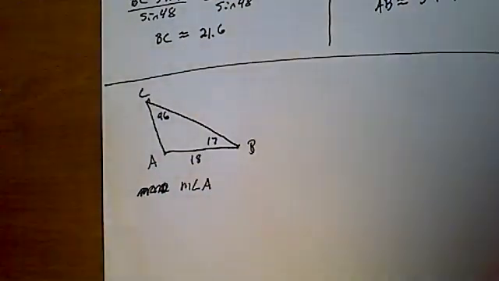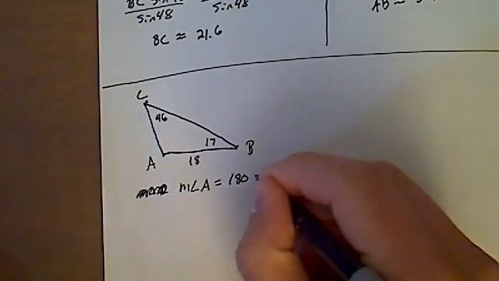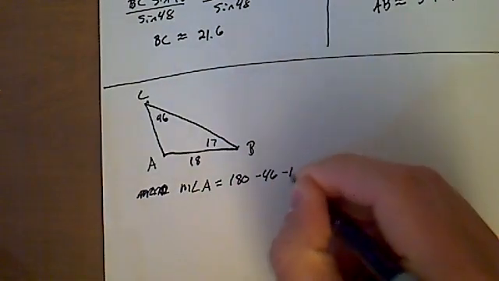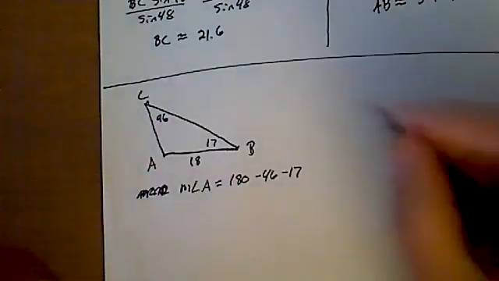Measure of angle A is the one we don't know here. Like the last one, it is 180 minus 46 minus 17. 180 minus 46 minus 17 is 117.